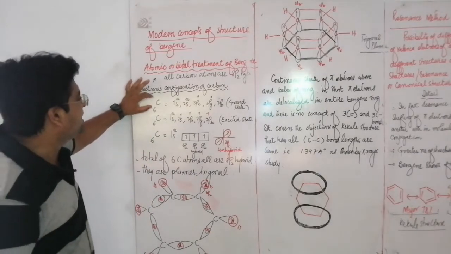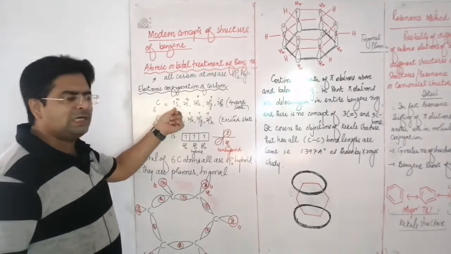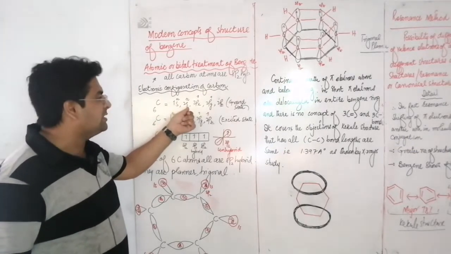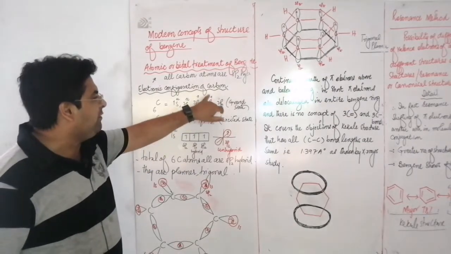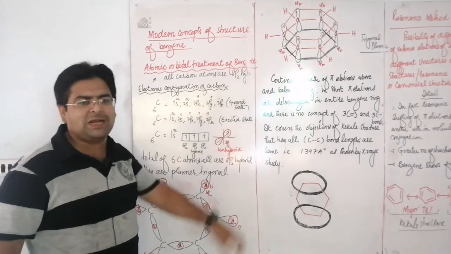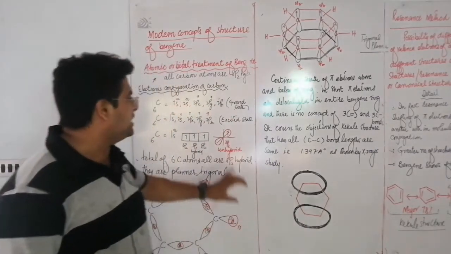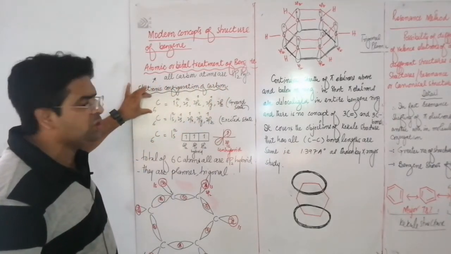If we see the electronic configuration of the carbon atom, 1s has 2 electrons, 2s has 2 electrons, 2px has 1 electron, 2py has 1 electron, and 2pz is empty. This first state is called the ground state, the state in which electrons are nearest to the nucleus.